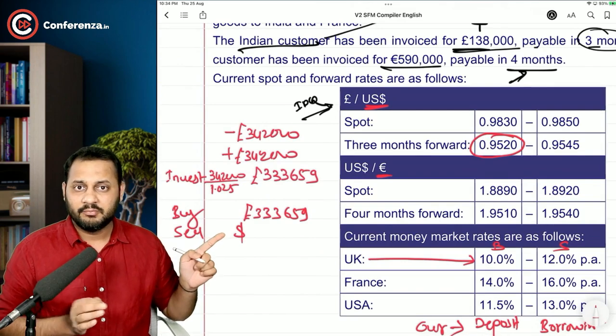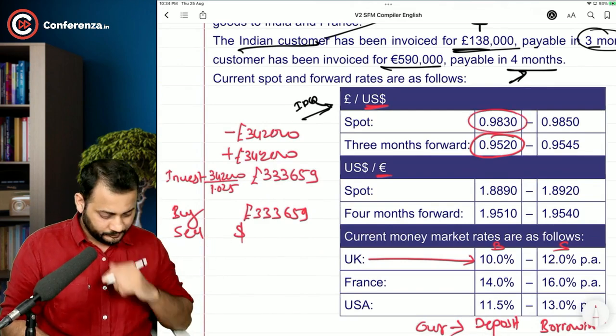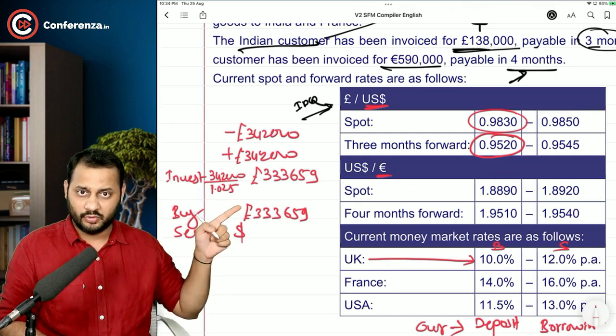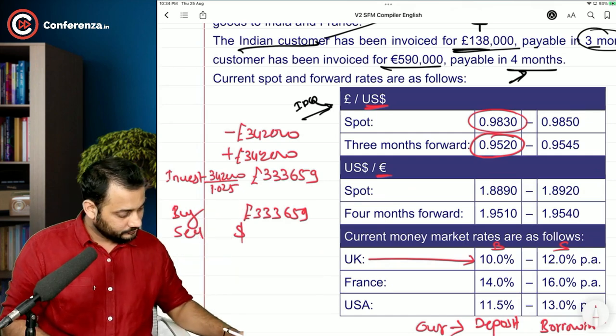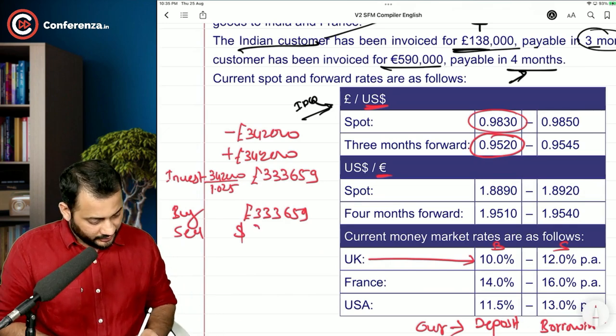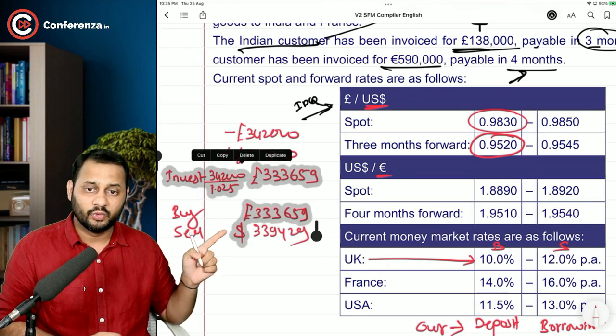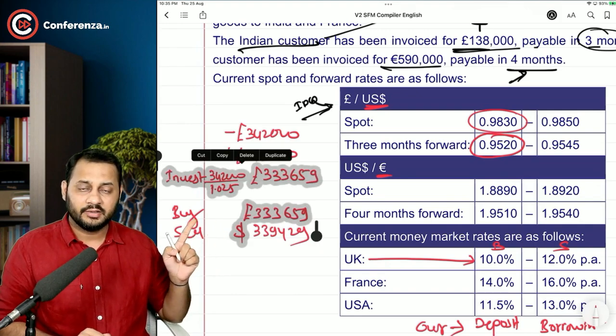Bid rate 0.9830. This is pound, this is also pound. Divide it: 333,659 divided by 0.9830. So the dollar requirement is 339,429. This much of the dollar is required to be sold if you want to buy this pound.